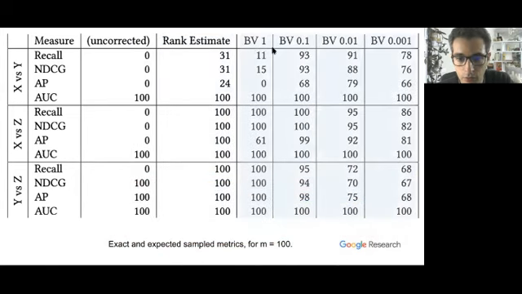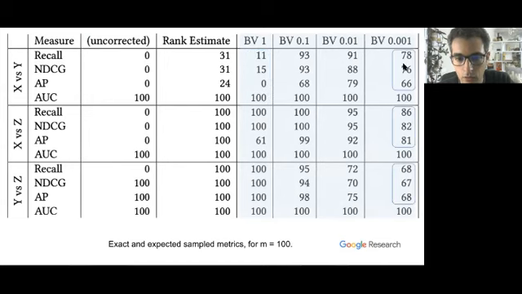The remaining columns correspond to the bias-variance correction for different values of gamma, ranging from 1 to 0.001. Theoretically, as gamma decreases, the bias should decrease and the variance should increase. In particular, when gamma is equal to 1, it appears that the bias becomes too high and we get the wrong conclusion for comparing x versus y.